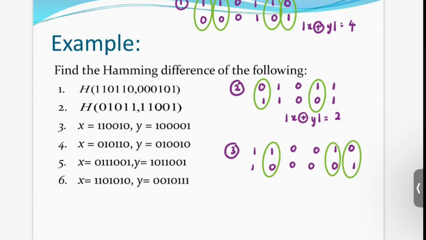So the Hamming distance between x and y is equal to 3. Is it okay? No problem.